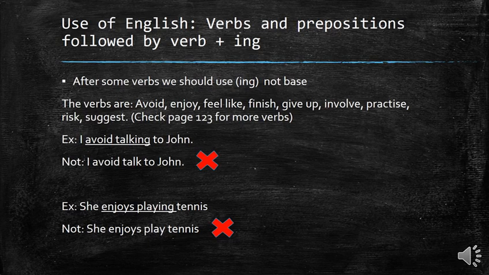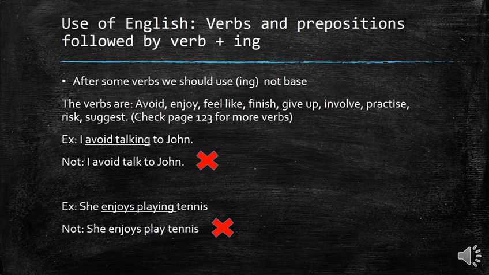The first example, you say, I avoid talking to John, not I avoid talk to John. This will be a big mistake. So the verb avoid is the first one that we mentioned when we gave the examples, so put an ing verb after it. Talk, talking, yes? So I say, I avoid talking to John. The other example, she enjoys playing tennis.